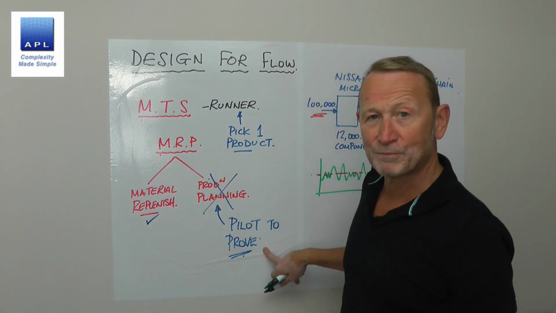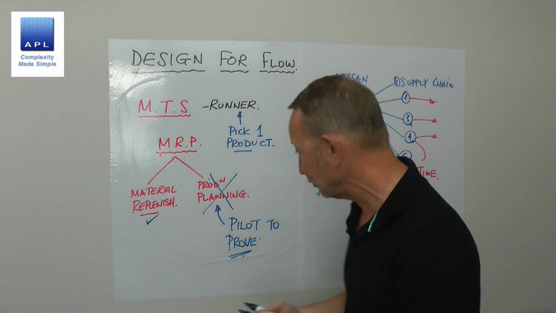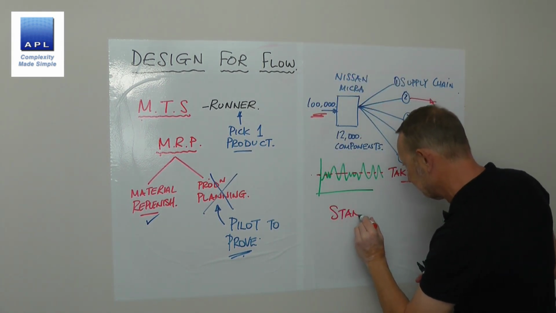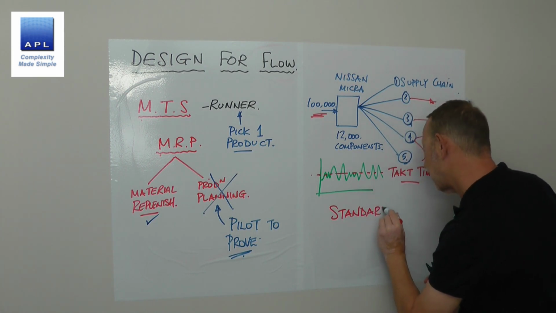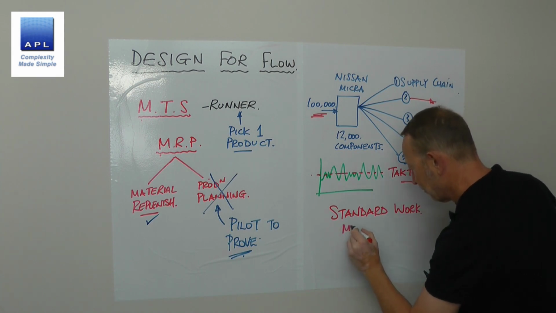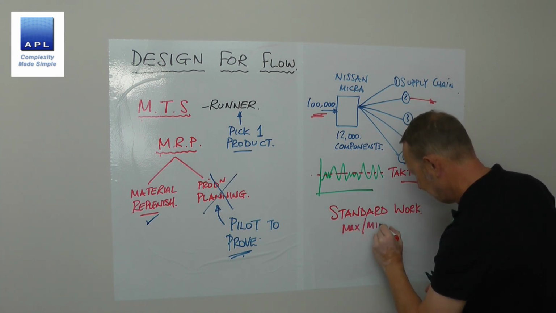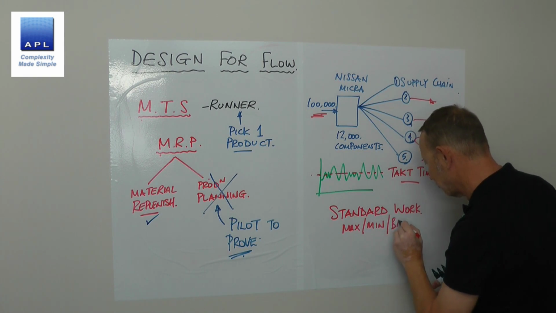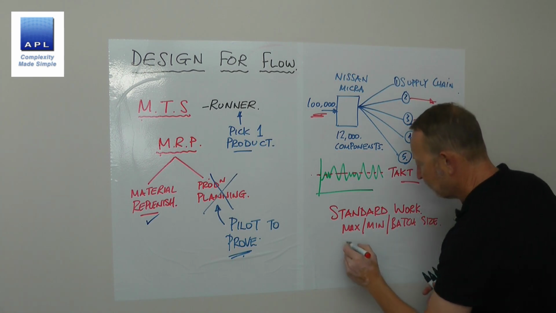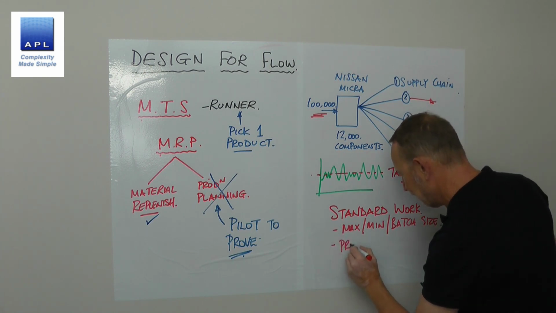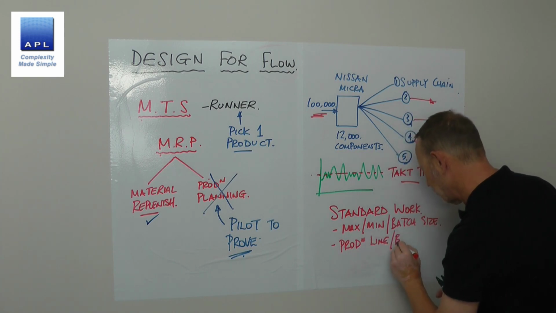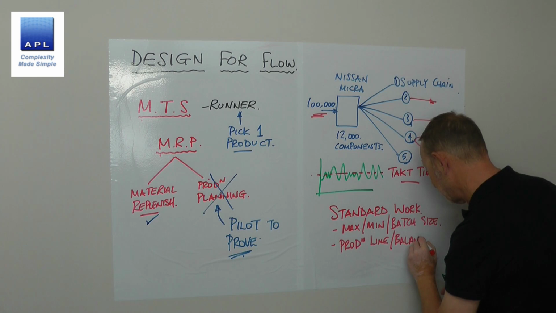When you do the pilot to prove, there will be mistakes. You are going to come up with standard work. Rules about the max, the min, and the batch size. Maybe you're going to set up a production line with a line balance as part of all of this.